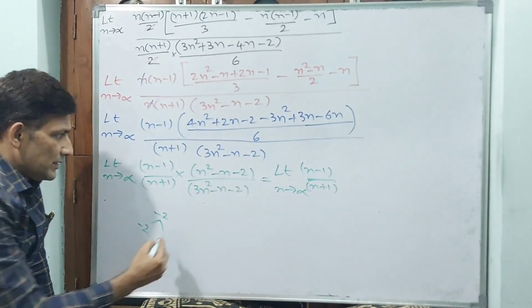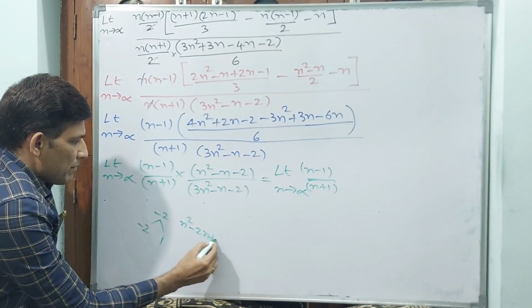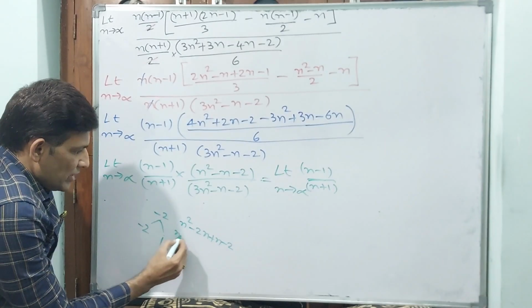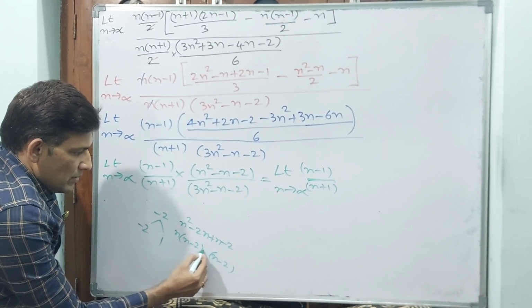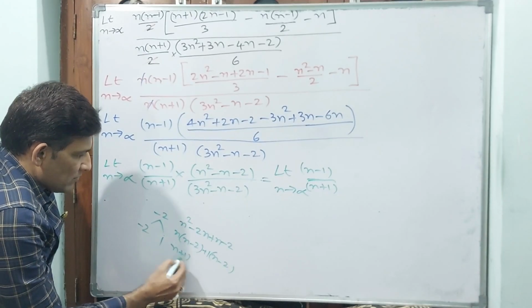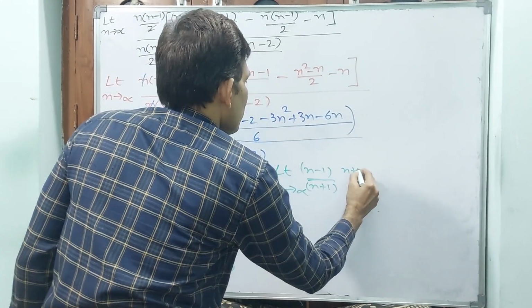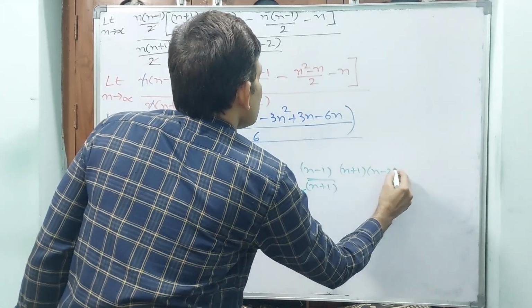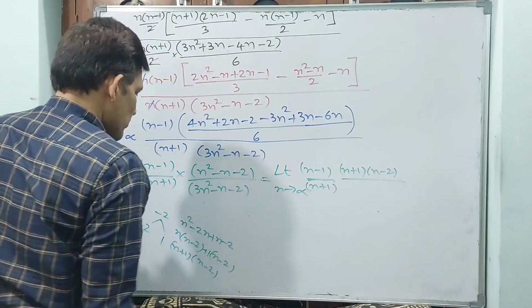Then n square minus 2n plus n minus 2. N if you take common, n minus 2 plus 1. That means n plus 1 into n minus 2. Now n plus 1 is going to get cancelled out.